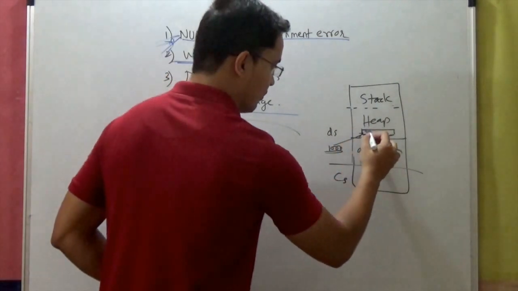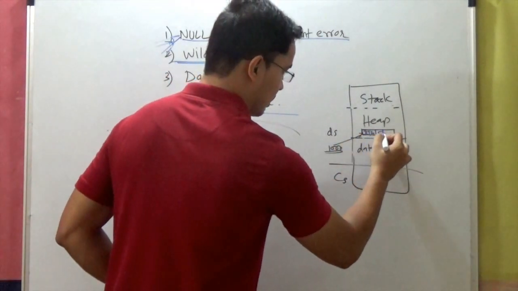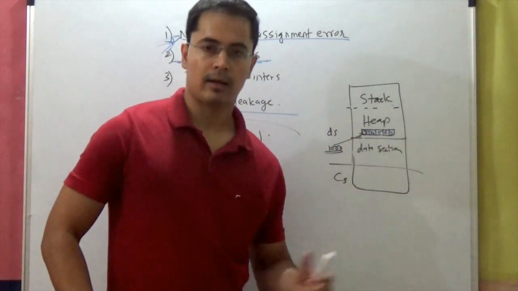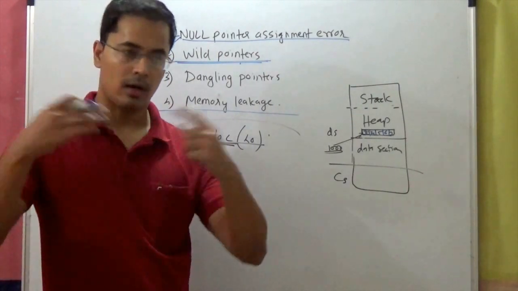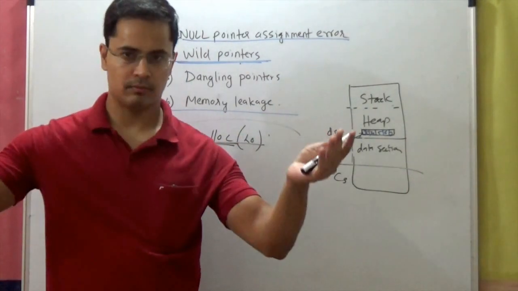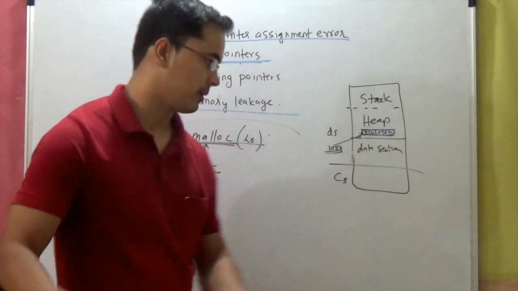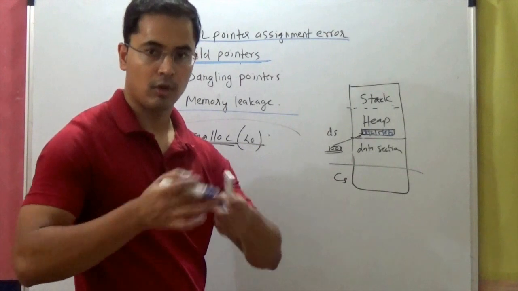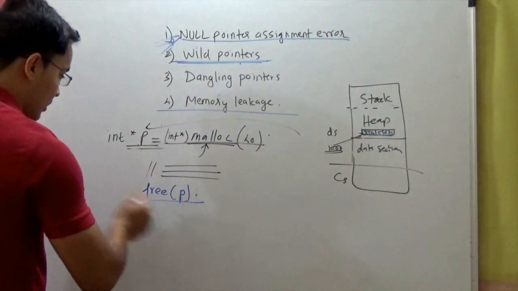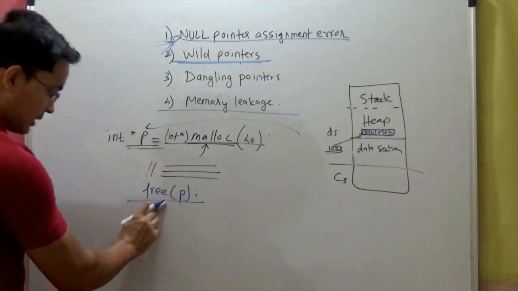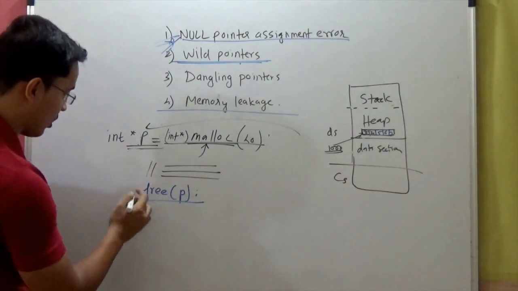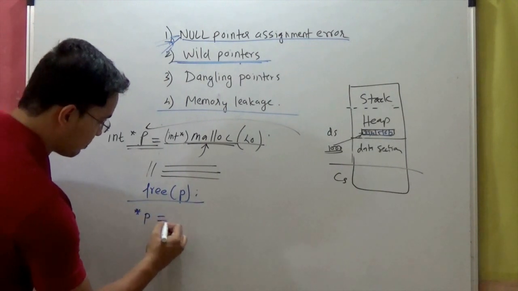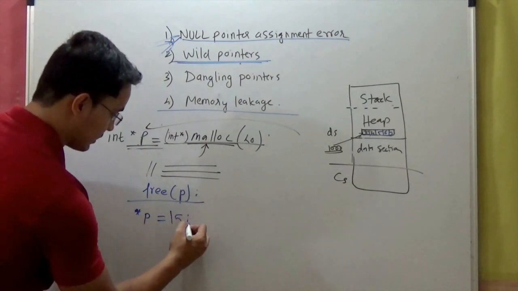So this area, along with your values, will be deallocated. That means it will be marked as available for other malloc calls from some other functions, mostly functions, because this is still in your program's address space. Now, going ahead after this call, if you try to, let's say, access p, or do something like this.